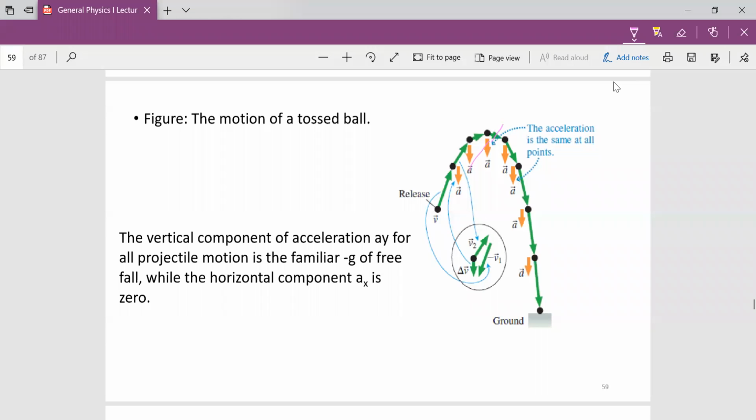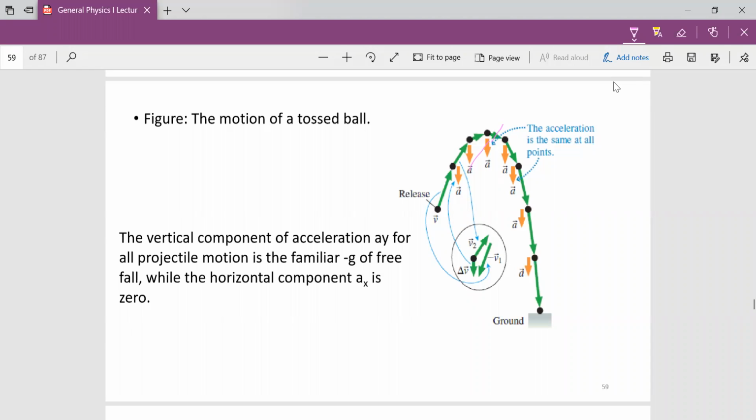Okay, so we see that the acceleration is the same for all the points. You can see the length of the vector arrow for the acceleration is the same at all points. And that is because objects undergoing free fall fall at an acceleration with magnitude g, which is 9.80 m/s².